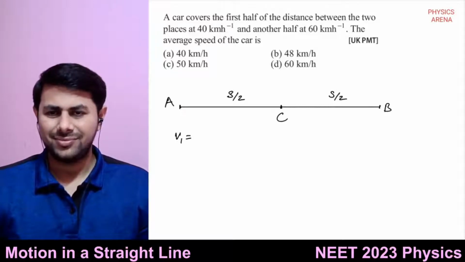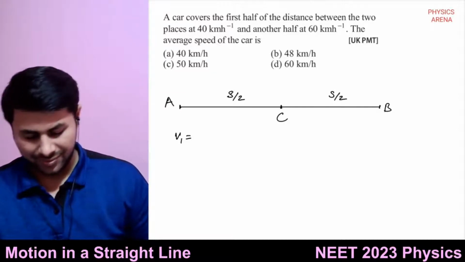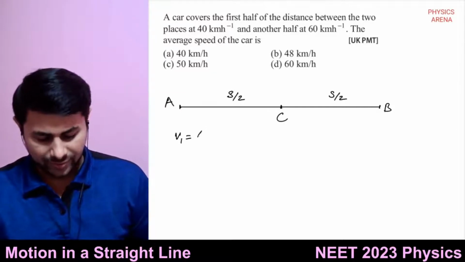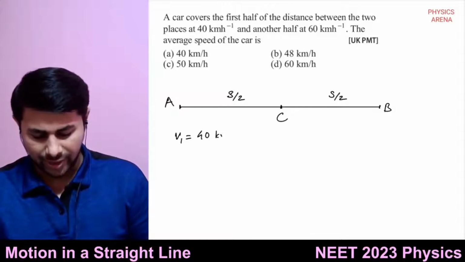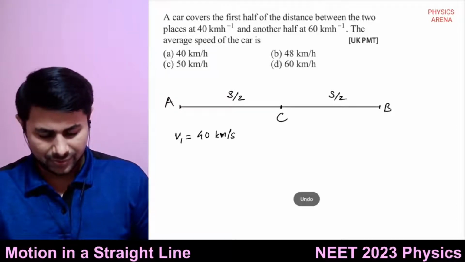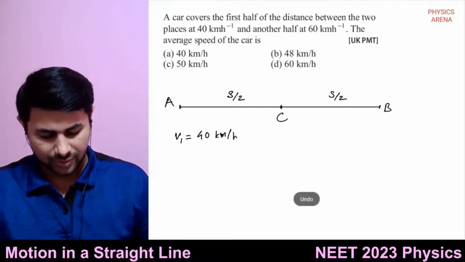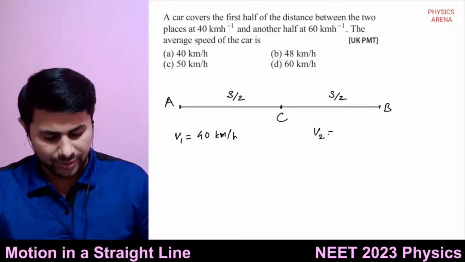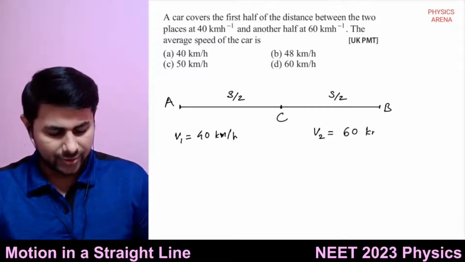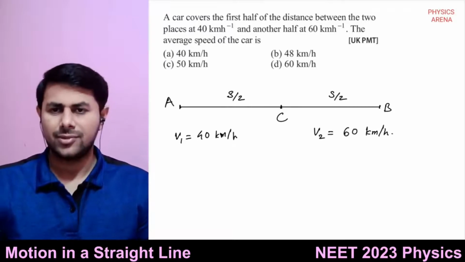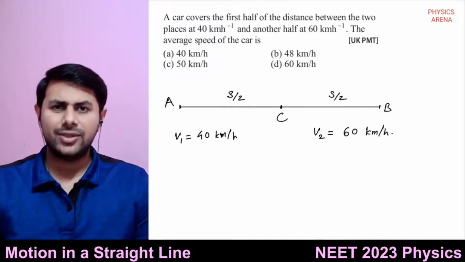Yes, no? V1 is 40 kilometers per hour and V2 is 60 kilometers per hour. Okay, how will you solve this?